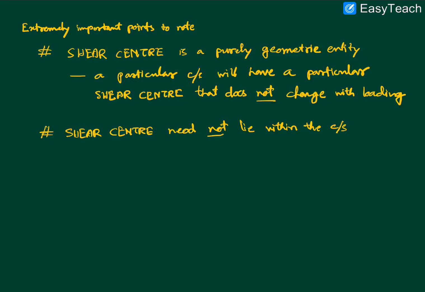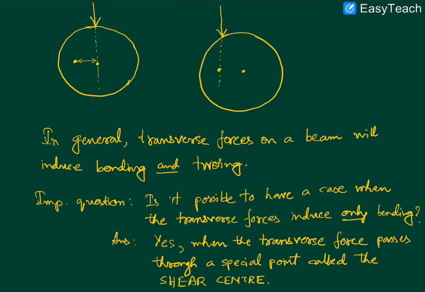And as a first step towards finding out the shear center for any given cross section, what we'll do is go back and readdress the confusing questions which we had been asking regarding this circular cross section.